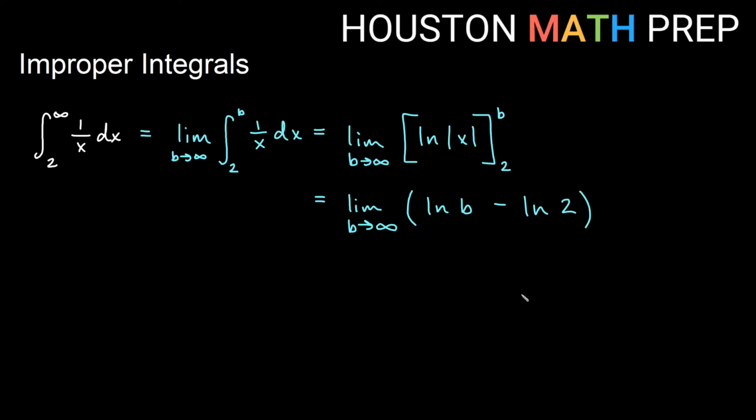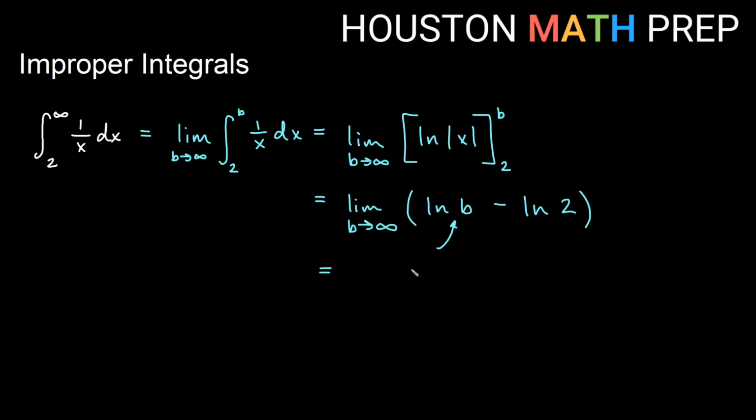The first thing we might notice is that ln of 2 is just going to be some number. So whether or not we get a real number for this answer is going to depend on the first term. And so we say, what happens as b gets larger and larger? ln of x is one of those functions that if I plug in a bigger and bigger value, I will eventually become as large as I can possibly imagine.